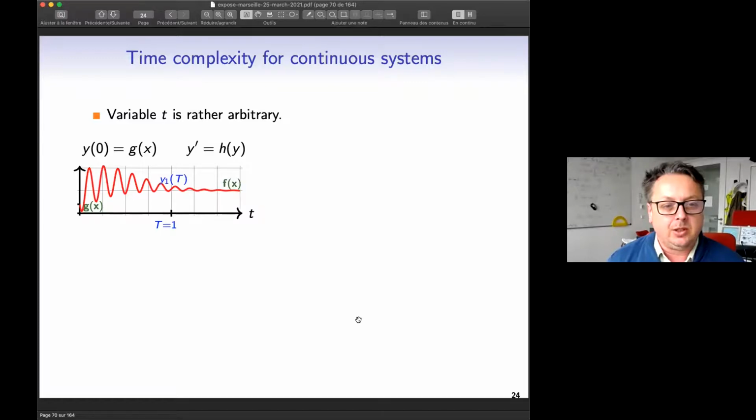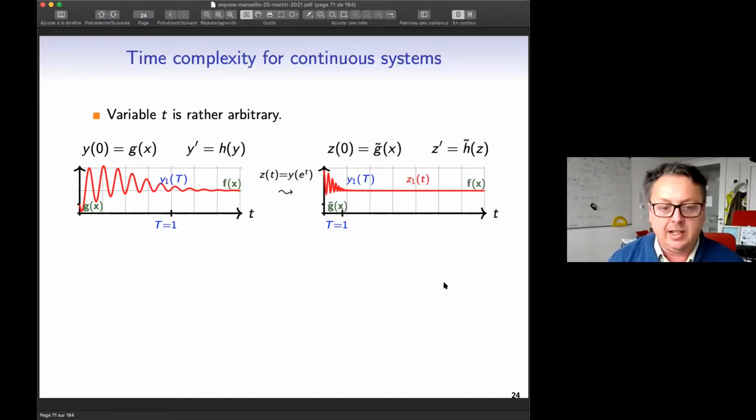There were several attempts to go to a time complexity for continuous systems. Where is the problem? The problem has to do with measuring time when the time is continuous. Of course, it's quite natural to say that the time is given by the time variable. But the point is that the variable t is quite arbitrary, in the sense that, suppose I have a machine computing some function, then I can always speed up the machine.